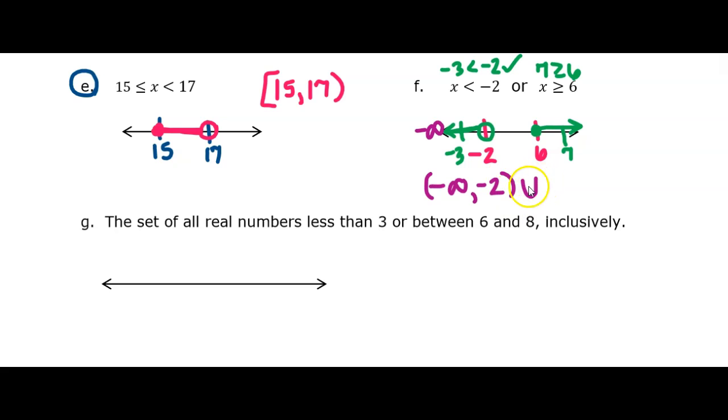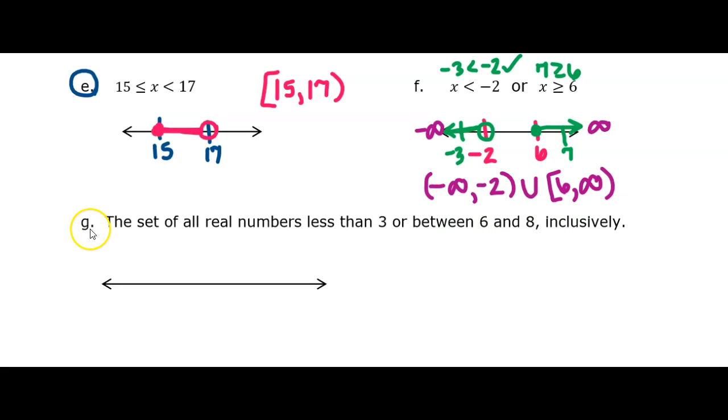In union, remember that U for union, with all values that are 6 or greater. So since we want to include 6, we should have a hard bracket, and that is going to positive infinity. And again, for the infinities, we should always have parentheses. So this is an example of unions of two sets of values.